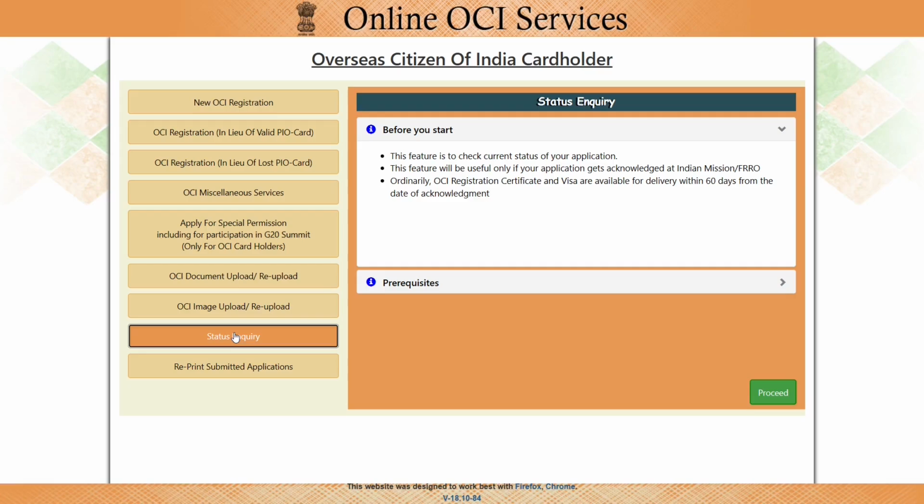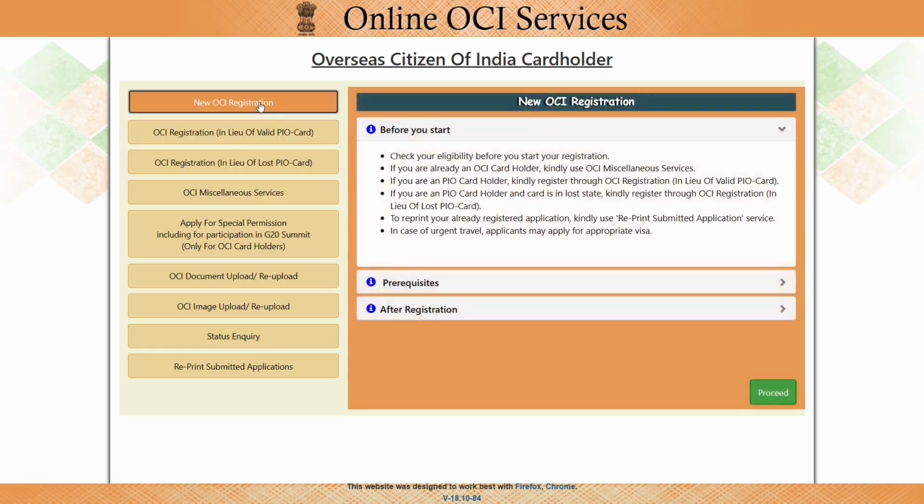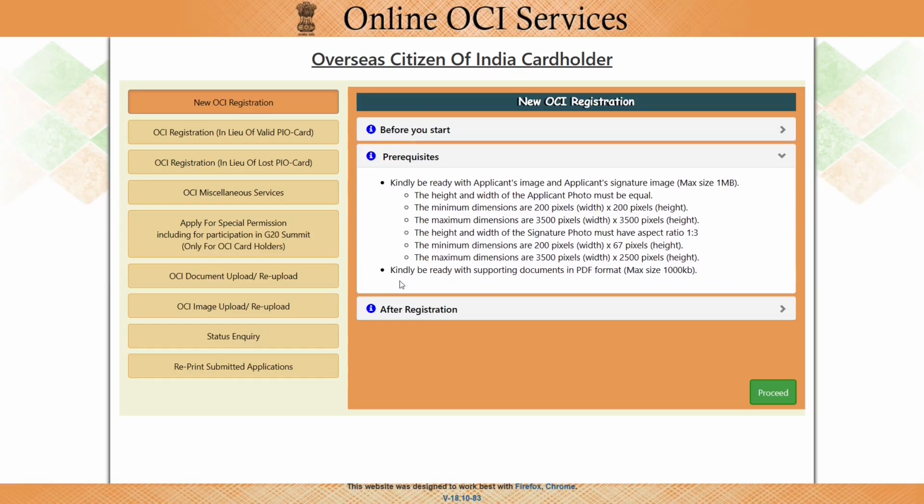Before we click on Proceed further here, it's important to check prerequisites. So you can click here. The applicant's photo and applicant's signature photo have to be of certain dimensions. For example, the applicant's photo has to be a minimum of 200 pixels by 200 pixels. Maximum dimension should be 3500 by 3500 pixels.